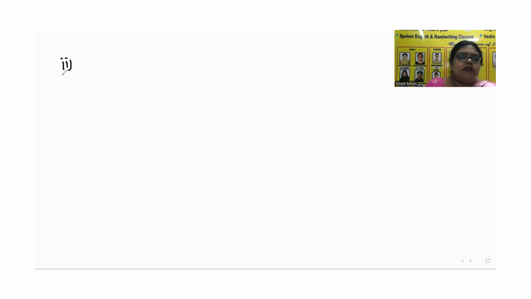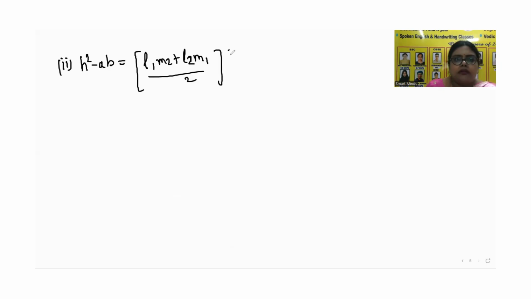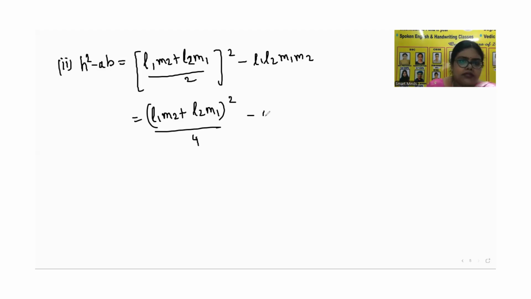Okay, so second bit we will take h² minus ab. What is h value? (L1 M2 plus L2 M1) by 2 whole square minus a is L1 L2 and b is M1 M2. So you will get (L1 M2 plus L2 M1)² by 4 minus L1 L2 M1 M2.